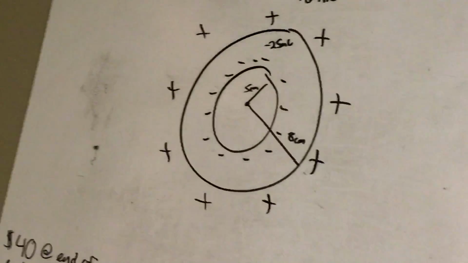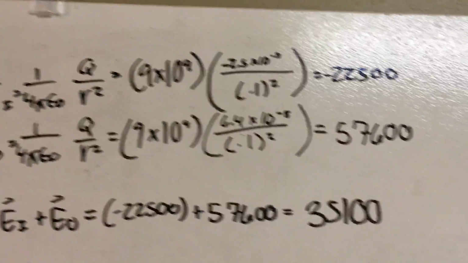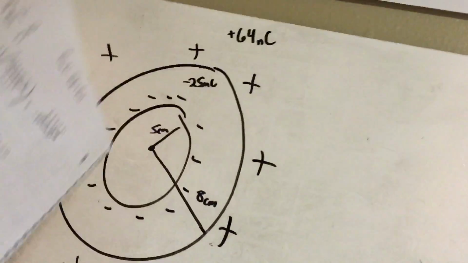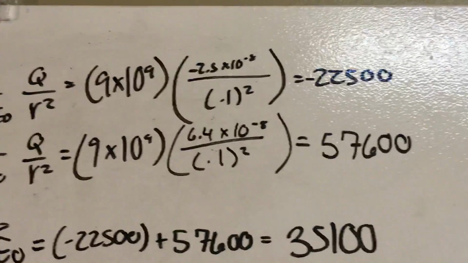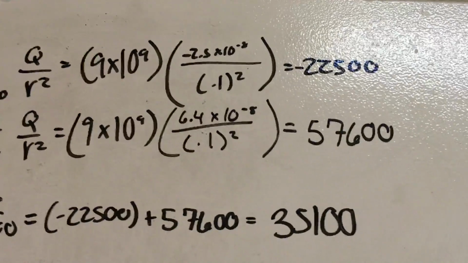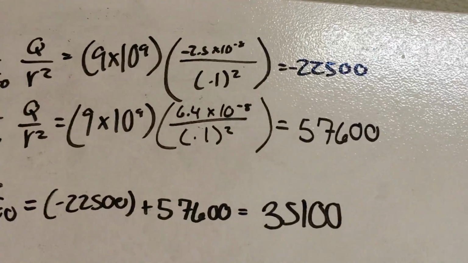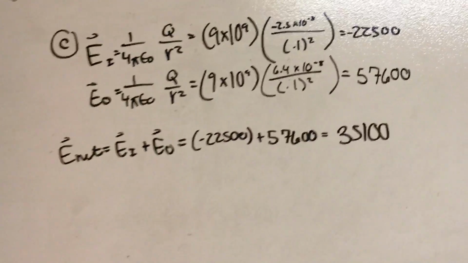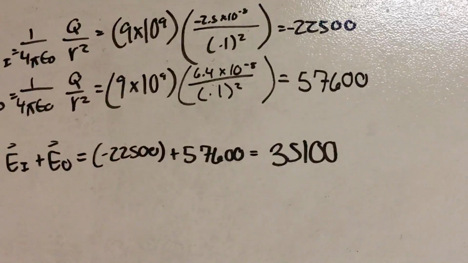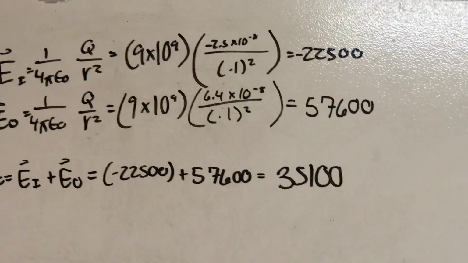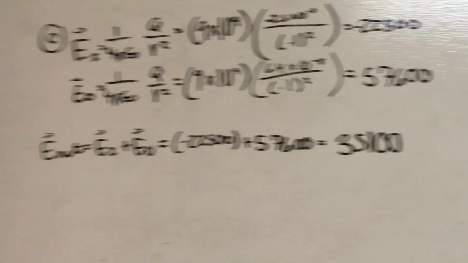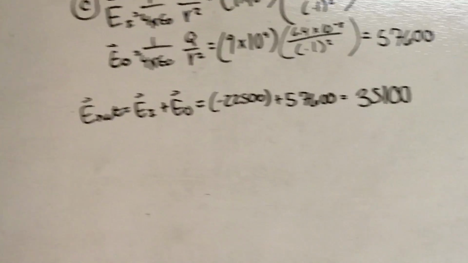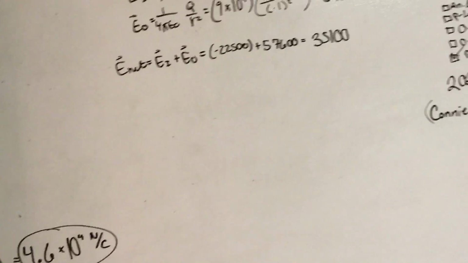Due to the inner shell having a negative charge, its electric field is going to have a magnitude of 22,500, and the electric field of the outer shell, which is pretty much double that, is going to have a magnitude of 57,600. Both of those will add up to give me a net electric field of 35,100 newtons per coulomb. Forgot to write that on the board.